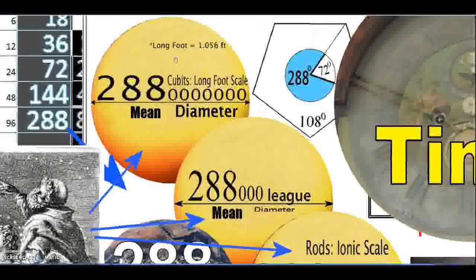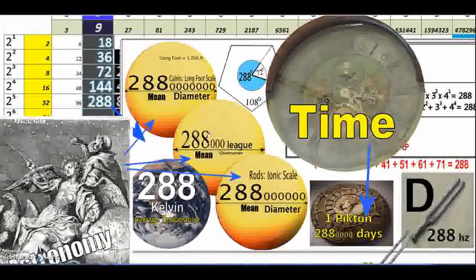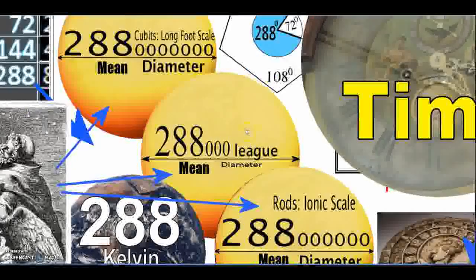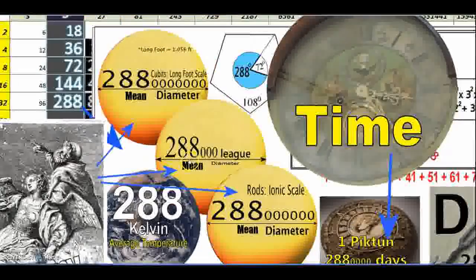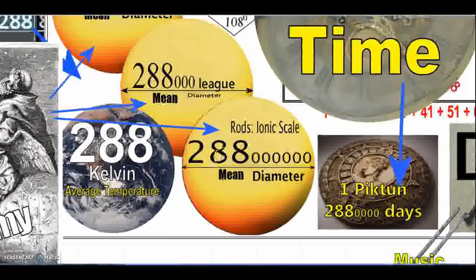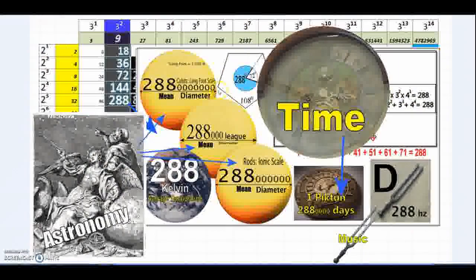So, for instance, the mean diameter of the sun in the long scale is in leagues. One league is 3 miles. That's the mile we still use now. And it's also 288,000, etc. rods on the Ionic scale. So we have the long or the Persian, the so-called modern English, but that's nowhere near modern.